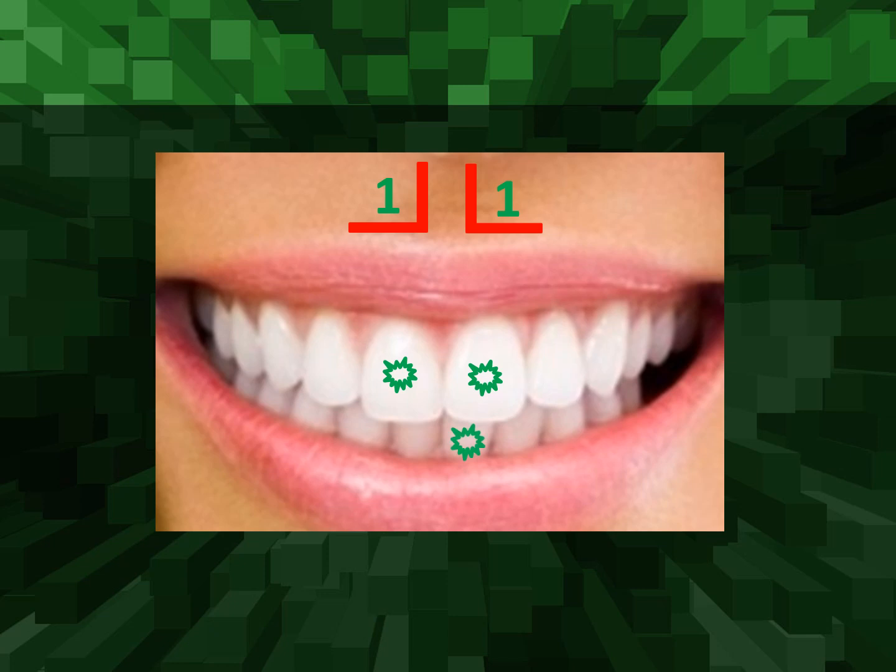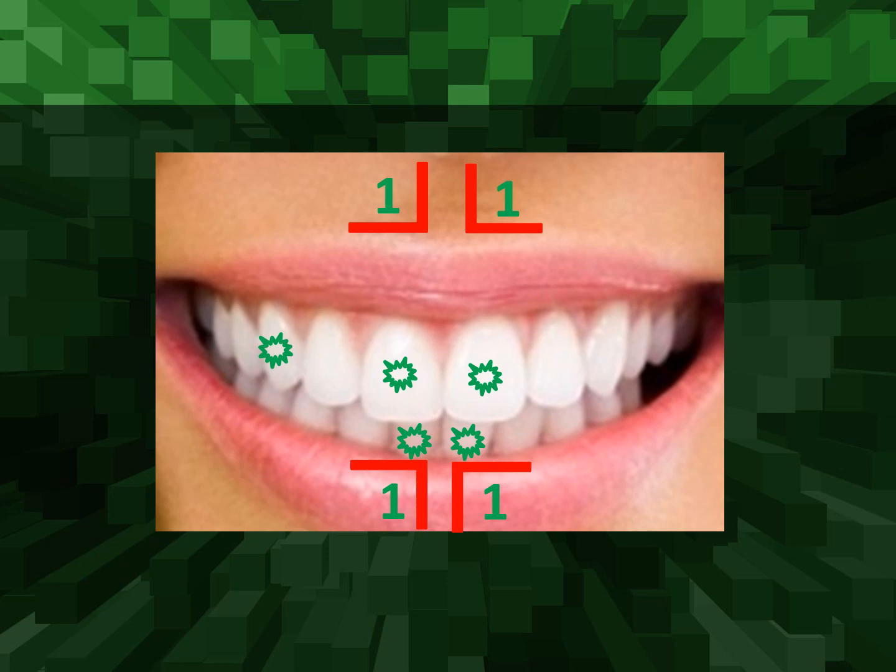Lower left central incisor will be marked like this symbol and number 1. Lower right central incisor will have a symbol like this and number 1.